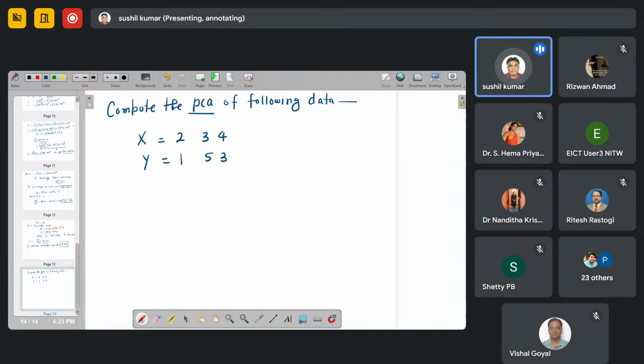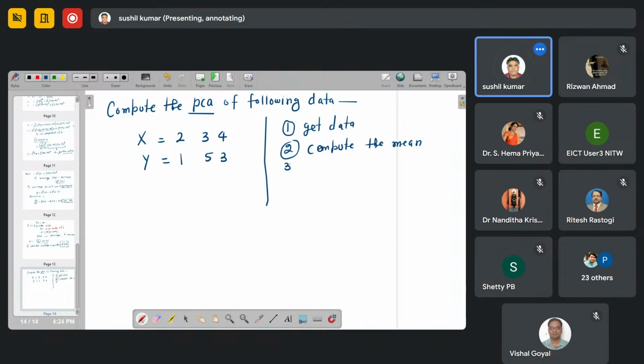Before explaining this, I want to write down the steps for how we do this PCA. Step 1: we will get the data. Step 2: compute the mean.